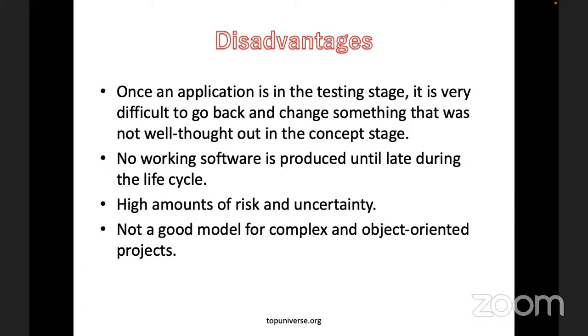Now, this late during the life cycle, we're looking at after testing. Unlike the agile method, okay, we can build bits, have little sprints, and still roll out some versions of the software for testing. That's in the agile methodology.